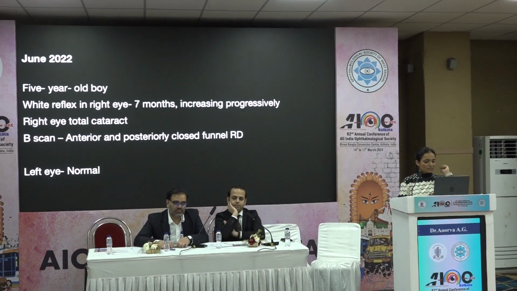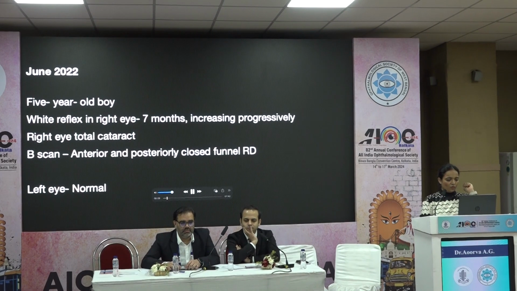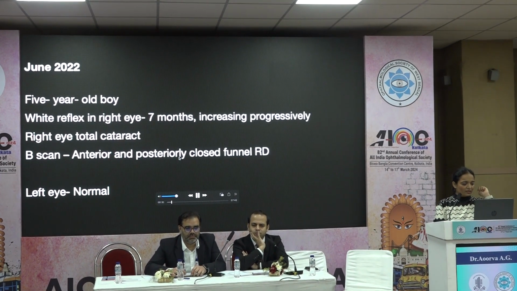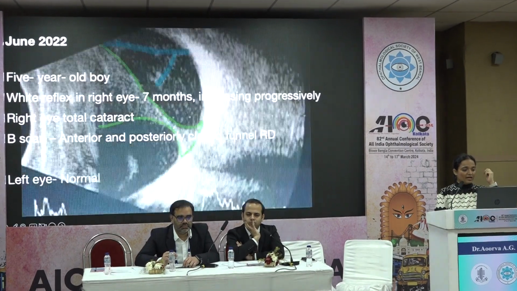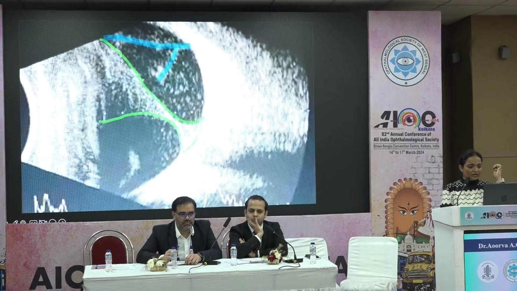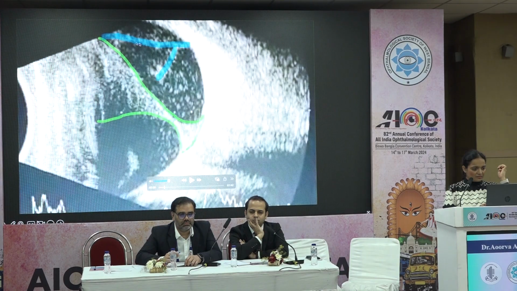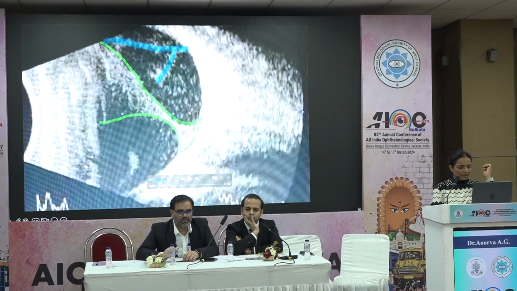A B scan was done, and based on the history and the axial length of the eye, we felt it was an anteriorly and posteriorly closed funnel RD, and this was looking like some tractional membrane.